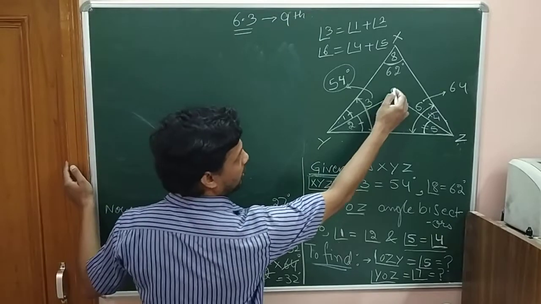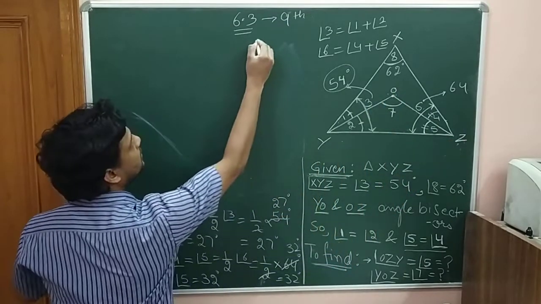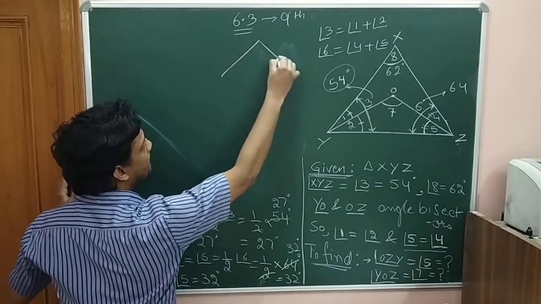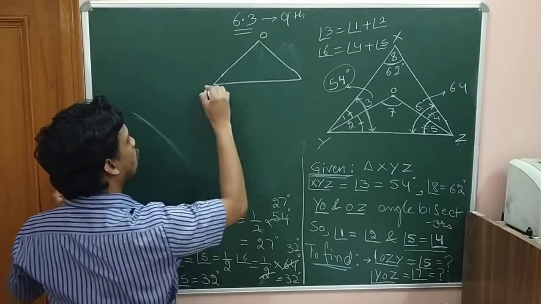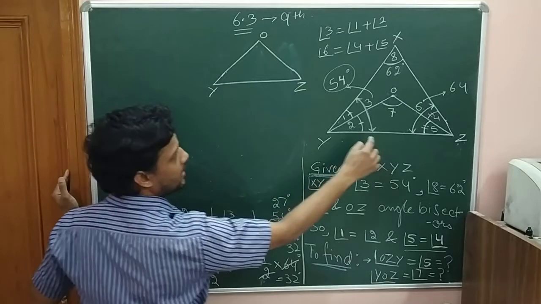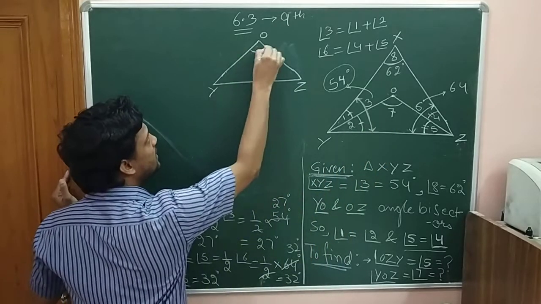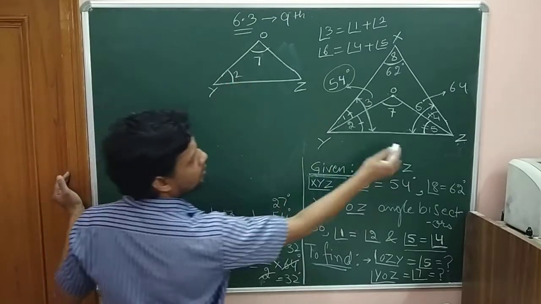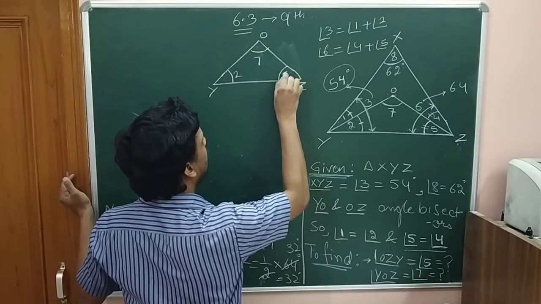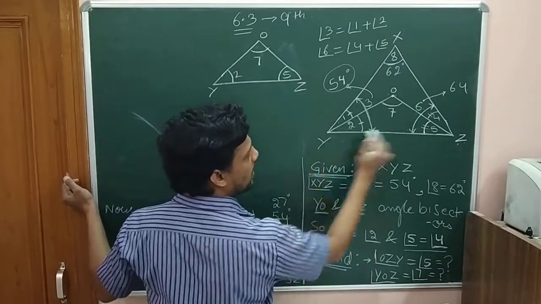Now in the small triangle OYZ, the lower triangle OYZ, this angle is 7, this angle is 2, this is angle 5. I am just talking about the lower triangle OYZ.